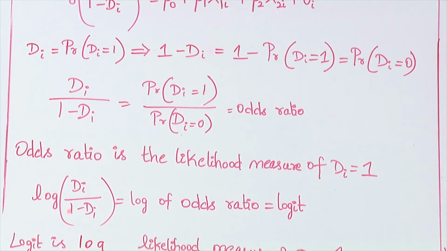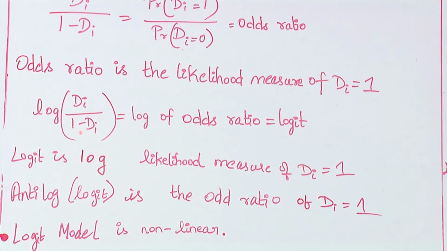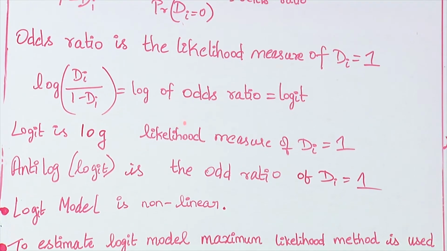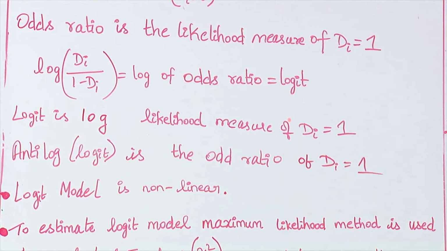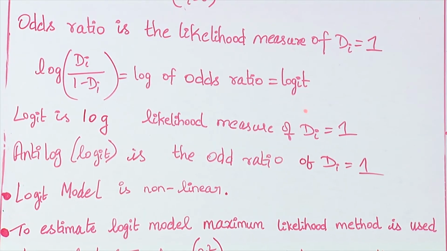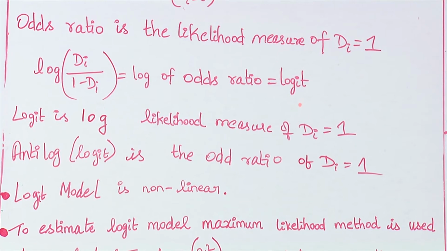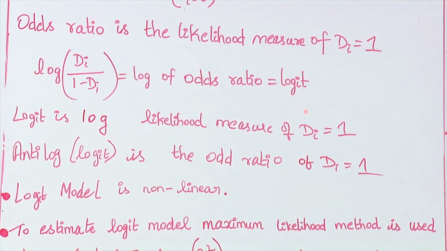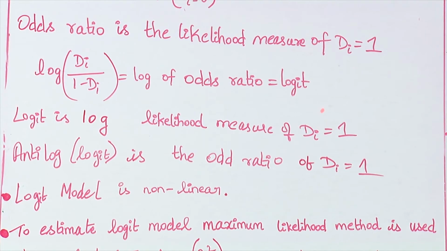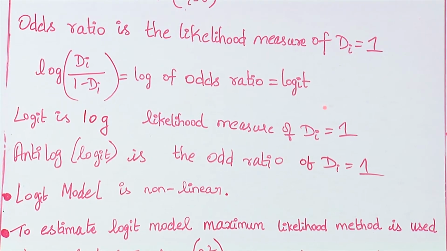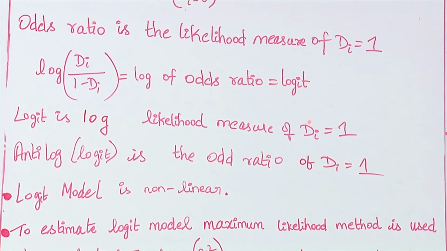So, log of Di by (1 minus Di) is the log of odds ratio, that is called LOGIT. That is why this name LOGIT came. So, the LOGIT is a linear function of x1i and x2i. That is the logic of this LOGIT model.